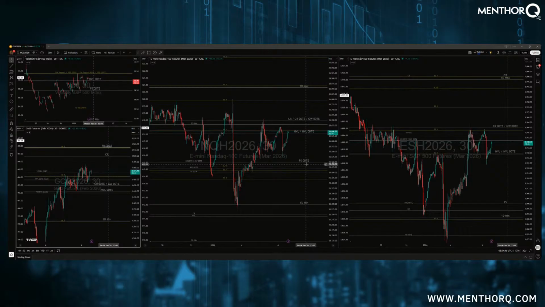Futures options on about 25 contracts, from indices to commodities, precious metals, soft commodities, forex, crypto. So we have about 25 different types of futures. This is really amazing. So we have real futures gamma levels from the futures option chain. This is here on the right side.